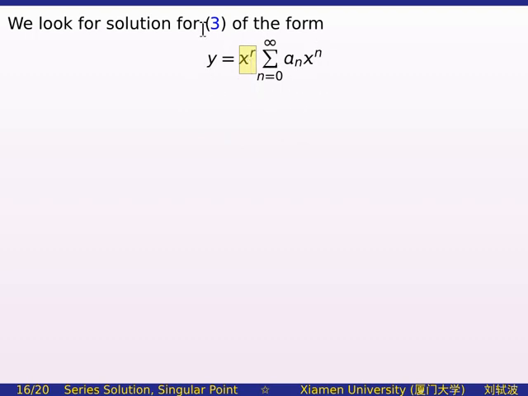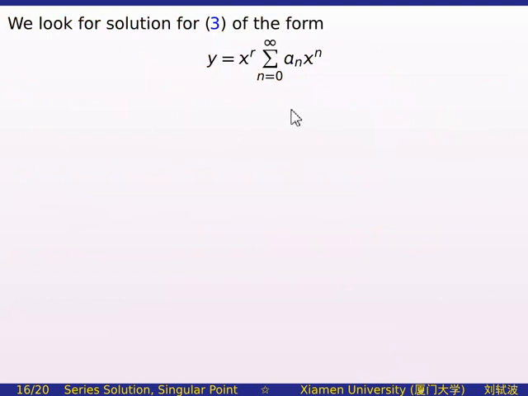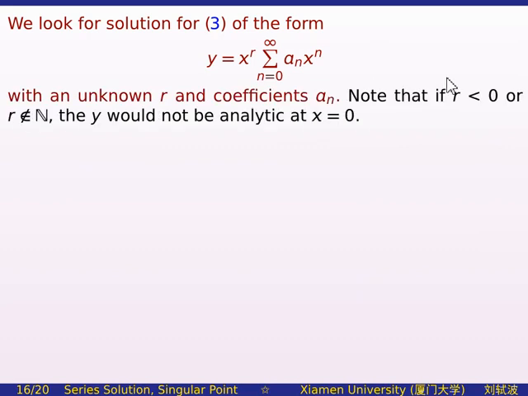So we want to see whether this equation has a solution of this form. If it has a solution of this form, we need to determine r and the coefficients an, so that we can write the precise solution. So r is unknown and the coefficients an are also unknown.